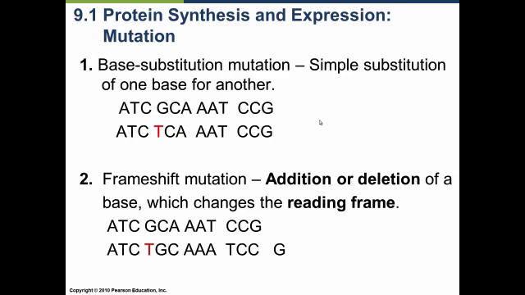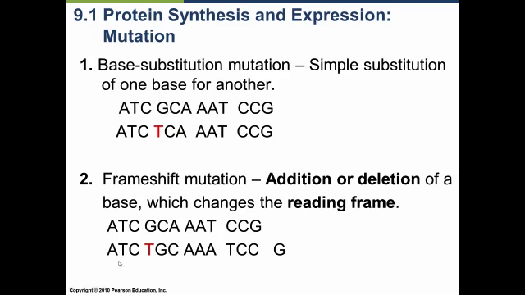The second possibility for types of mutations is a frameshift mutation. In a frameshift mutation, we add or delete a base in such a way that the reading frame is actually shifted. For instance, on the bottom down here, remember that the RNA is read in sets of three, referred to as codons. So down here we read ATC, GCA, AAT, and CCG.